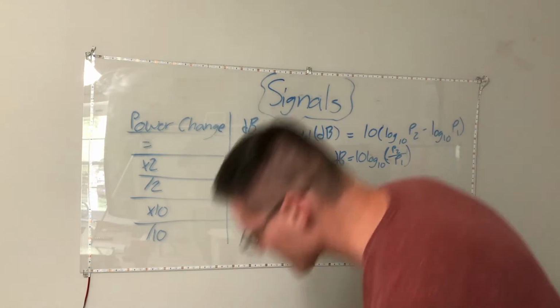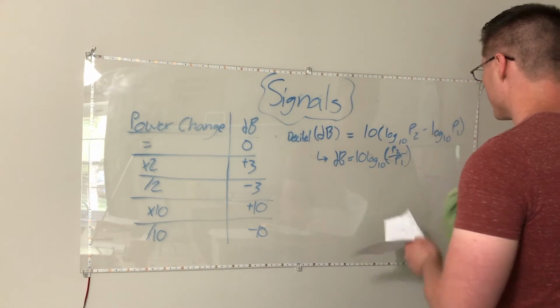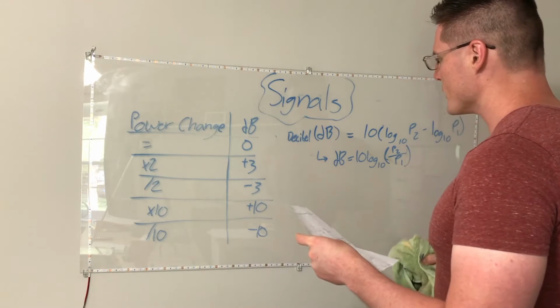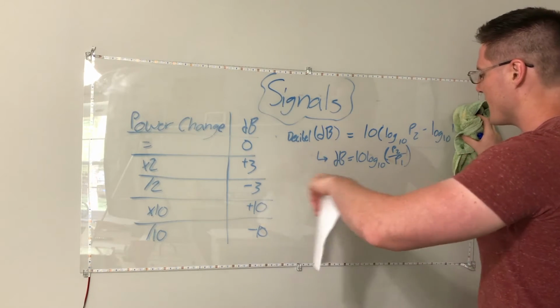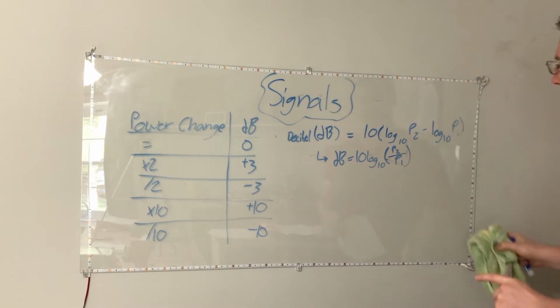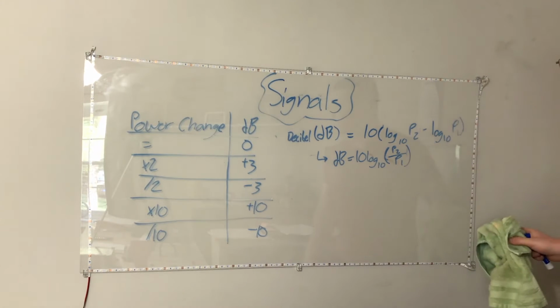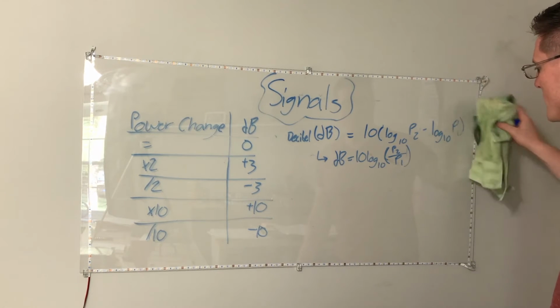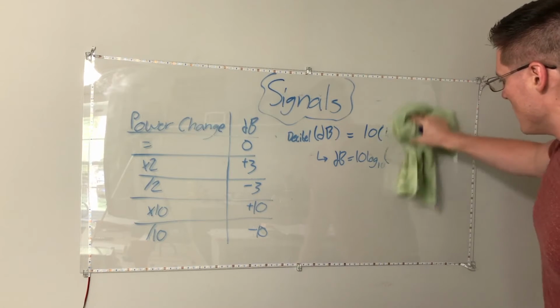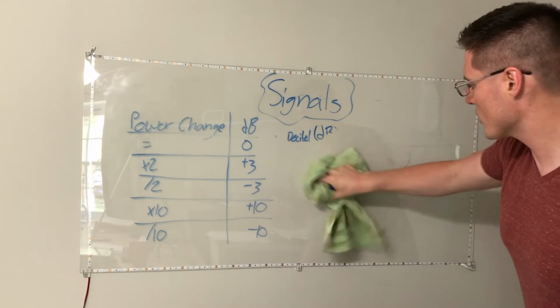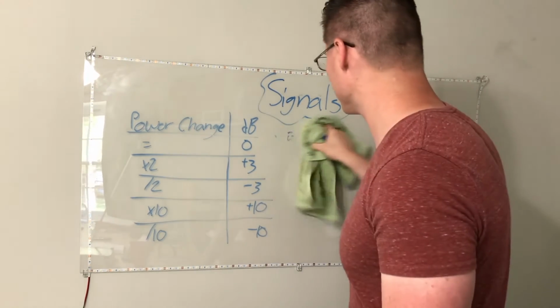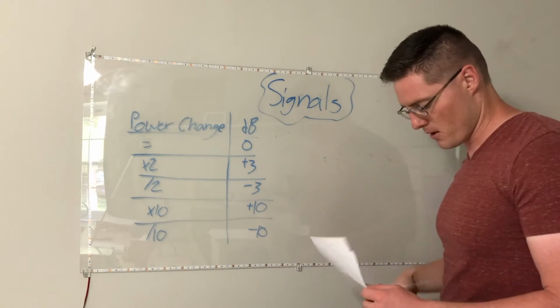So let's erase this and let's go into our examples. I'm going to keep up the left side, however the right side I'm going to erase. If you want to copy it down really quick, go ahead, pause this video, take a few minutes. But we can't work on the board while that's there.